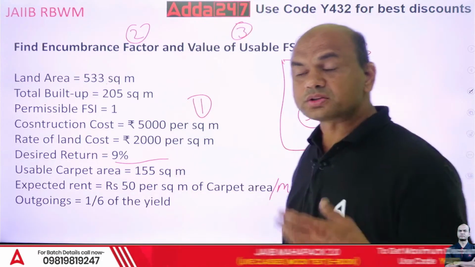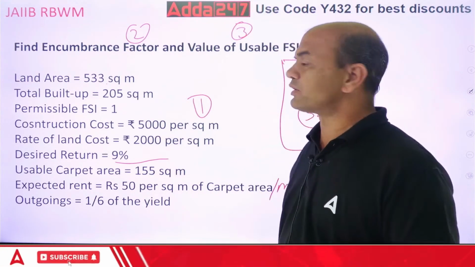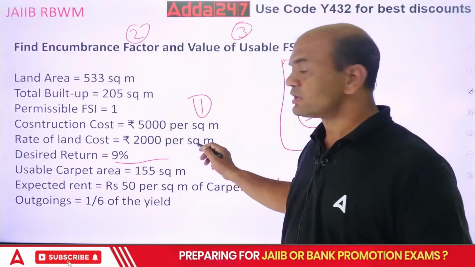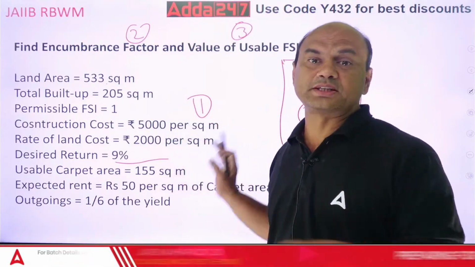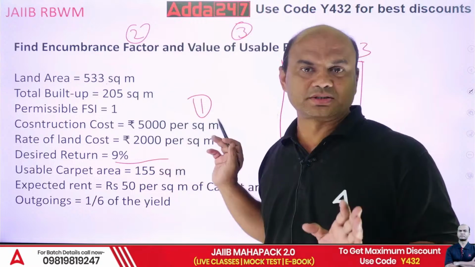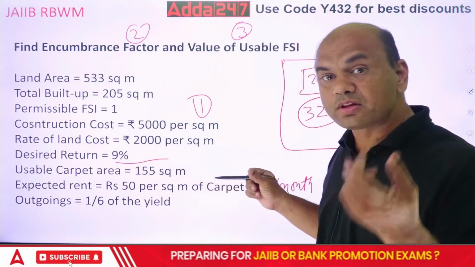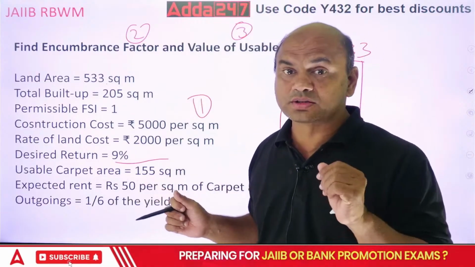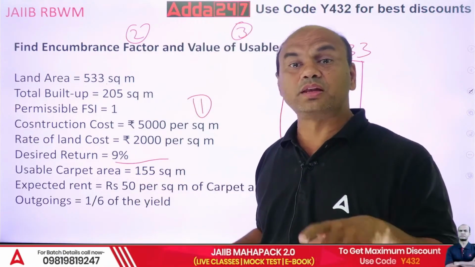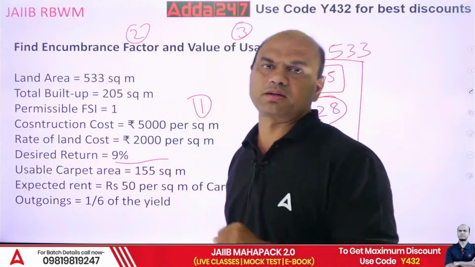So what is the cost of this plot now? The land cost is right now 2,000. If I sell this remaining land, I can get this much. But the buyer will also ask what the outgoings are, so he'll multiply this with the encumbrance factor.